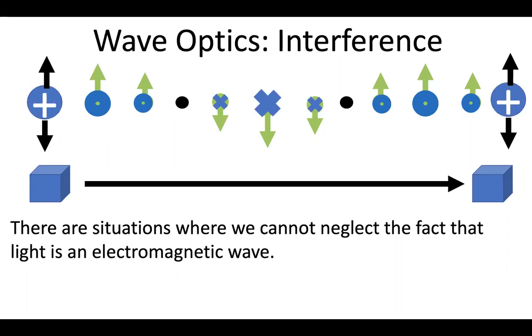That works for quite a few applications, but there are also situations where we can't ignore the wave nature of light. And one of the ones that shows that most clearly are situations where you have what's called interference. This is an important concept in modern optical technologies and various other situations.